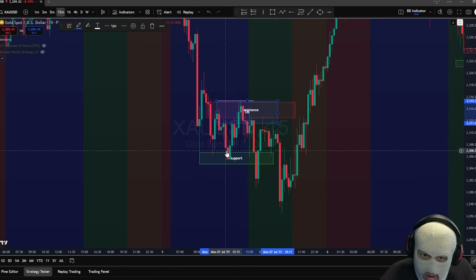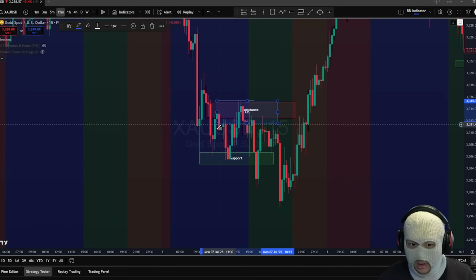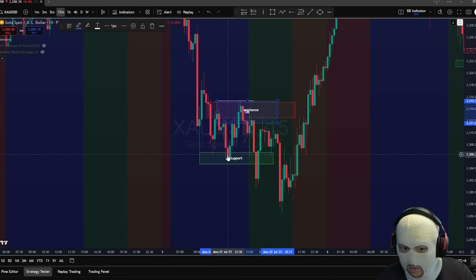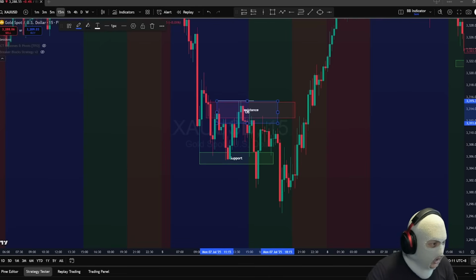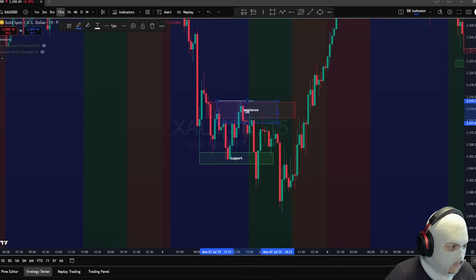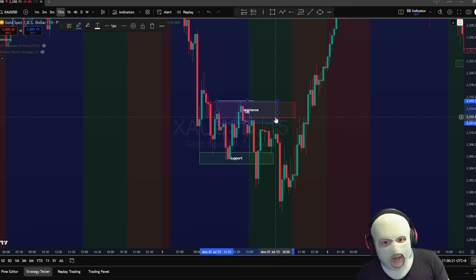You zoom out and look: where is the end of that range? The one that's furthest away from the bottom. Here, the bearish OB. Does this make sense? I need to make sure that every single one of you is crystal clear on how to identify that.